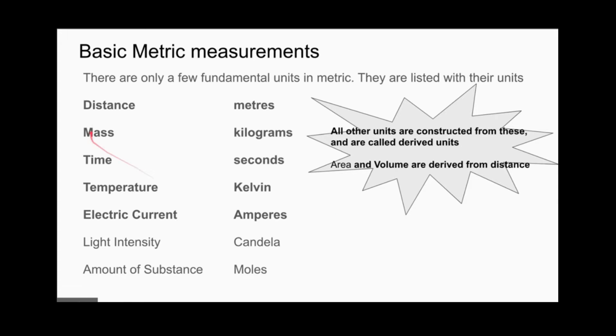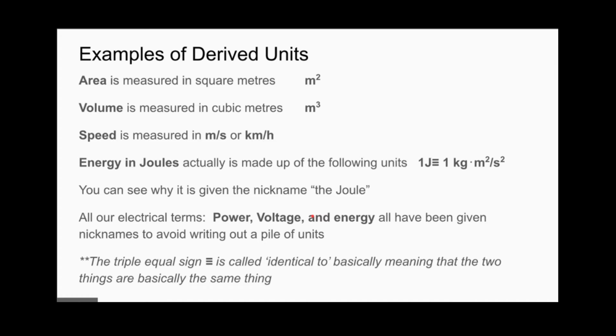So for example, speed is distance over time. Area is distance times distance. So you construct these. Amperes, you learn, is itself actually a constructed unit, but it's considered to be fundamental for really complicated reasons. So we have area, volume, speed, energy in joules, which is actually a kilogram meter squared per second squared, which is why we gave it the nickname joule.